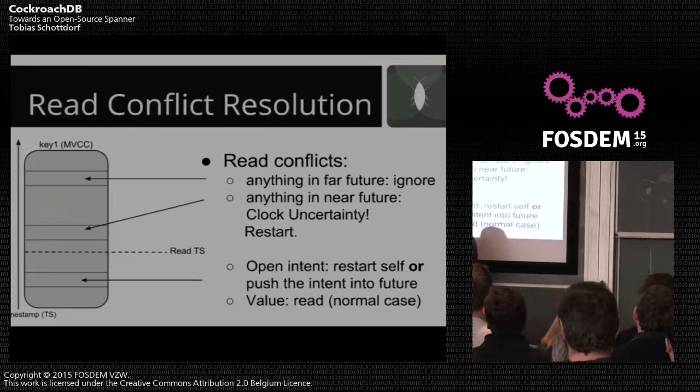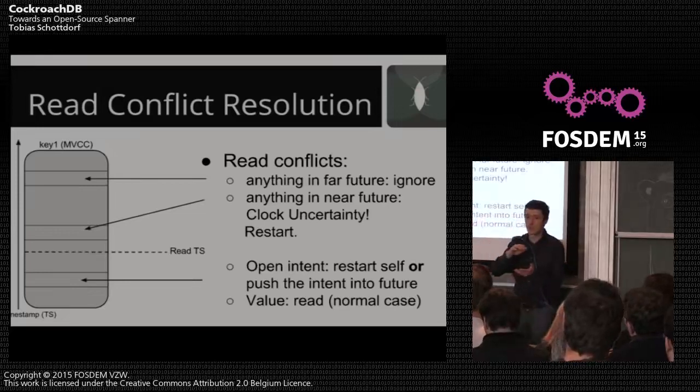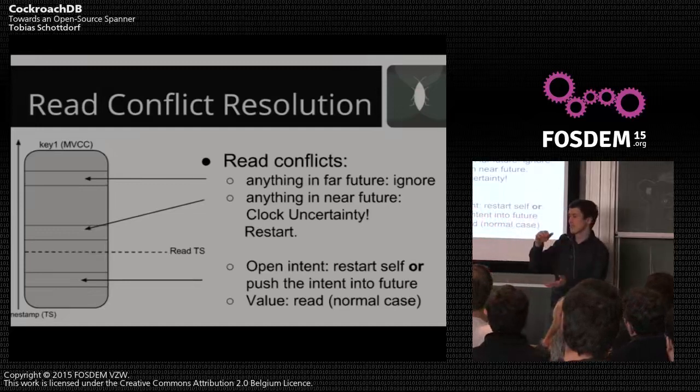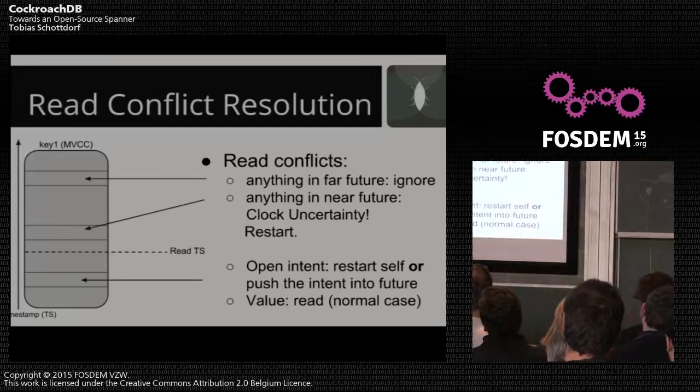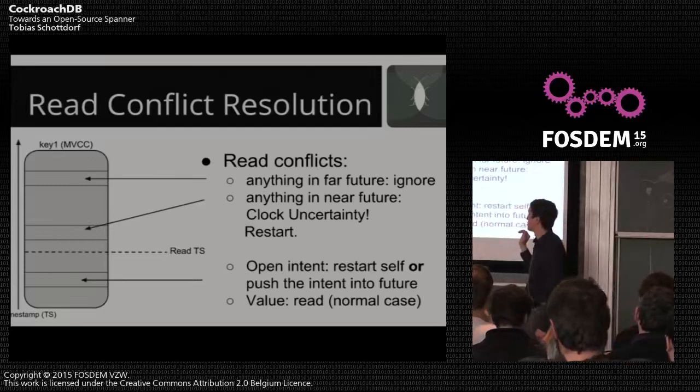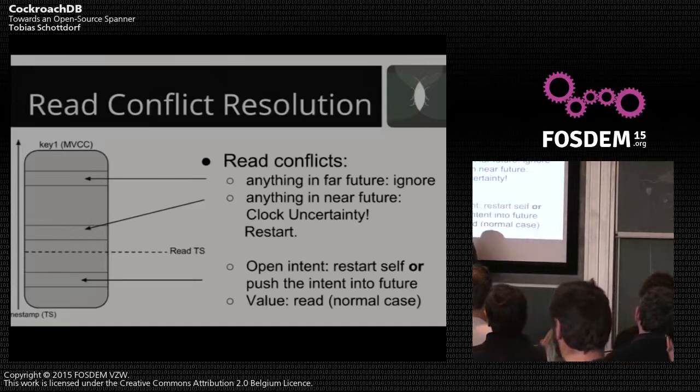So if you're reading at time 10 and something happened at time 11, and you know your maximum clock offset is 5, then you can't really be sure if in absolute time this value was here or here and whether you should be seeing it or not. So what you have to do in this case is come again, and you will come again with a timestamp that's here.